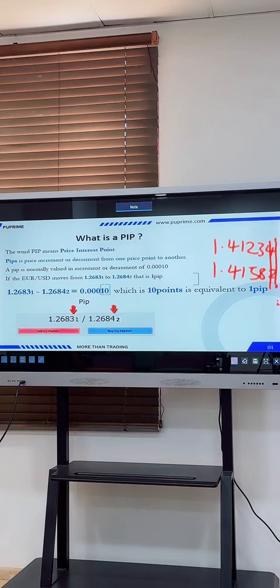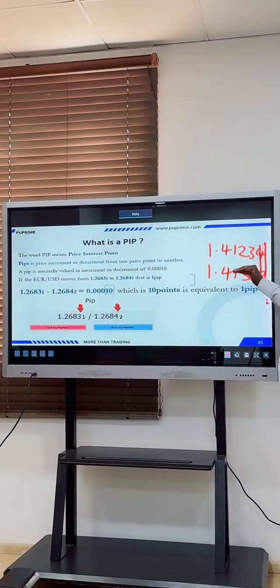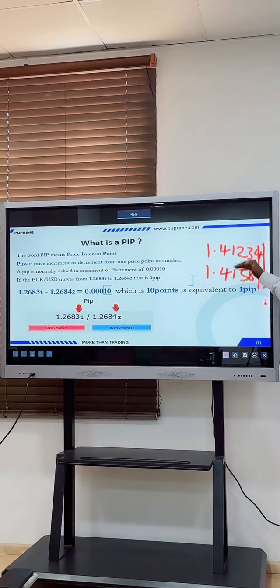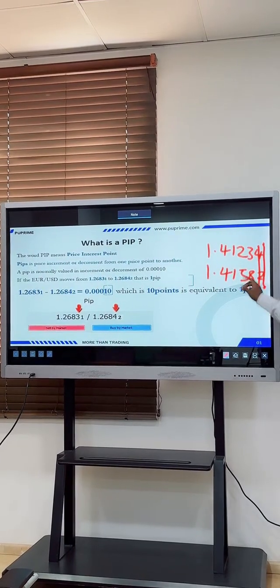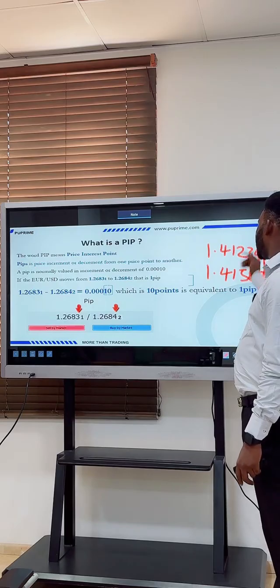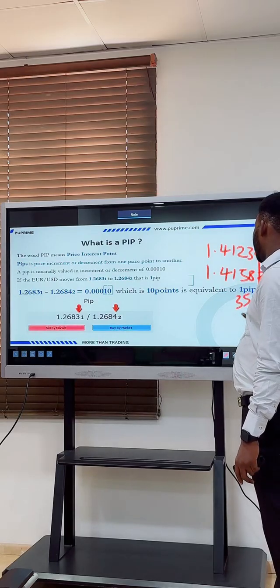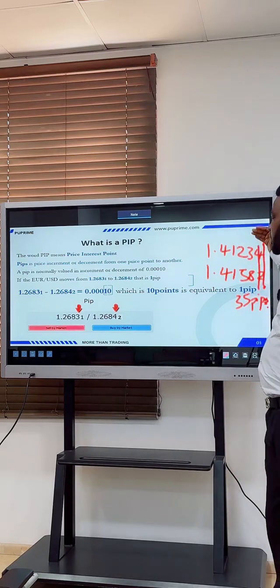To calculate our pip, we take the difference between these two, which is about 35. That means the price has moved by 35 pips. That's the movement from one point to another.